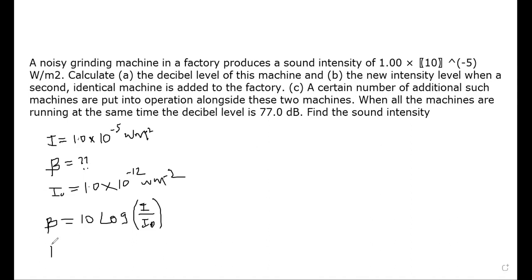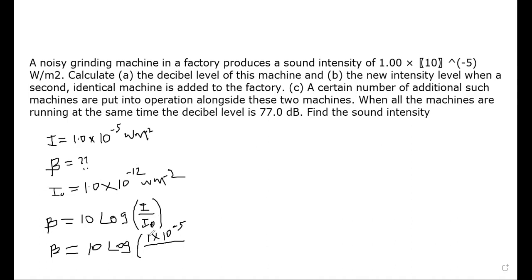So this is equal to 10 log of, what is I? 1.0 times 10 to the power minus 5, all over I naught, 1.0 times 10 to the power minus 12.